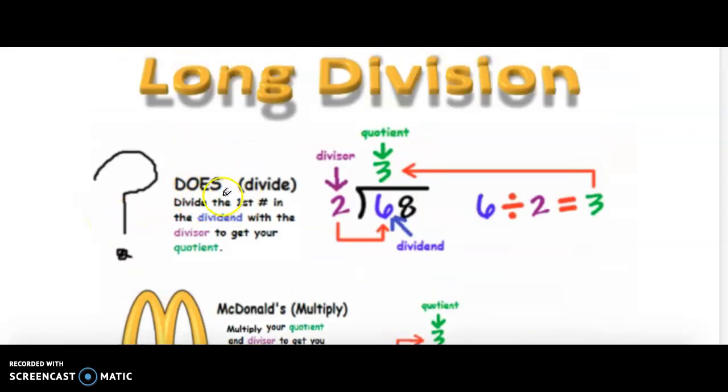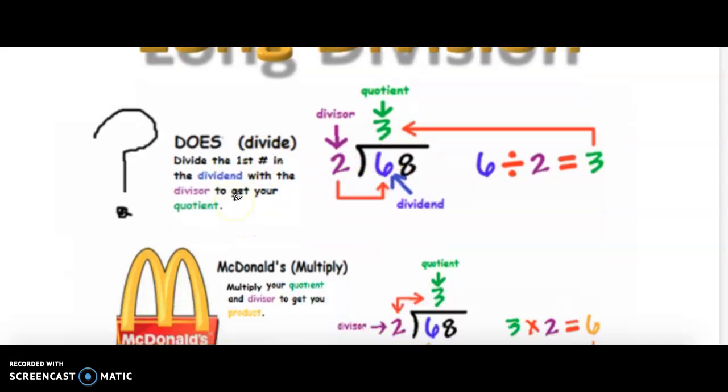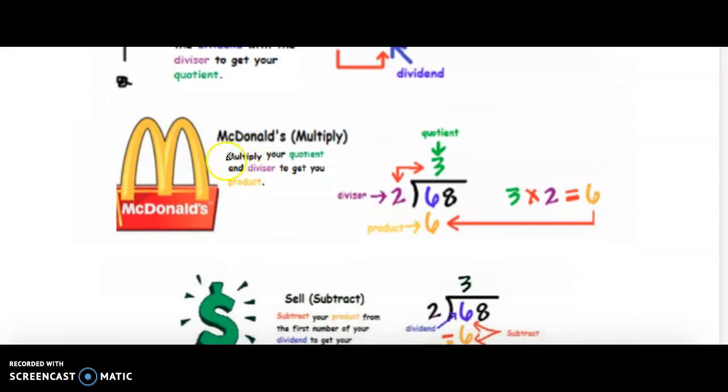So, our first step is the does, which is divide, which is taking that divisor and looking at that furthest left place value, which will now be our tens. So we're doing 6 divided by 2. That's the divide, does. Then we get to our McDonald's, which is multiply.